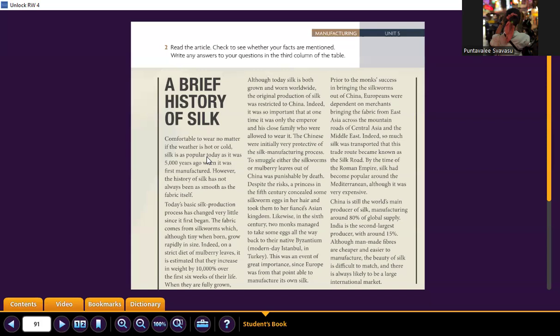So you will see that for this one, you have to scan the reading in order to get the information, and you have to understand it in detail so that you can identify whether it's true or false. So at this stage, you do the scanning and the detailed comprehension.